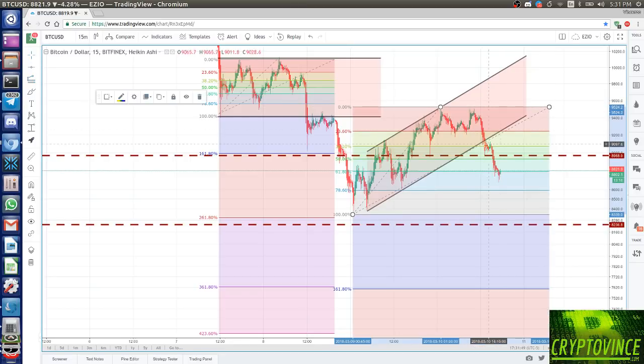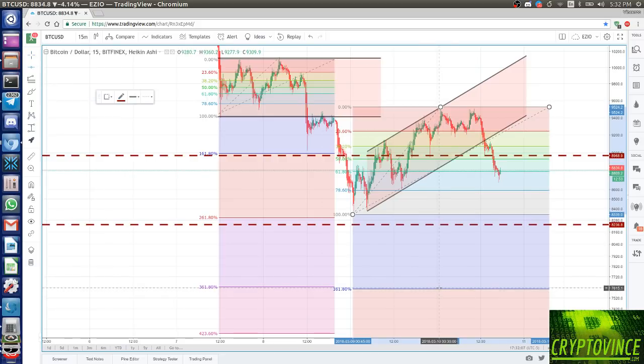So the targets, if BTC keeps dropping, will of course be 100% of the last correction, and the next target will be here, 7,600, if we really have to drop.